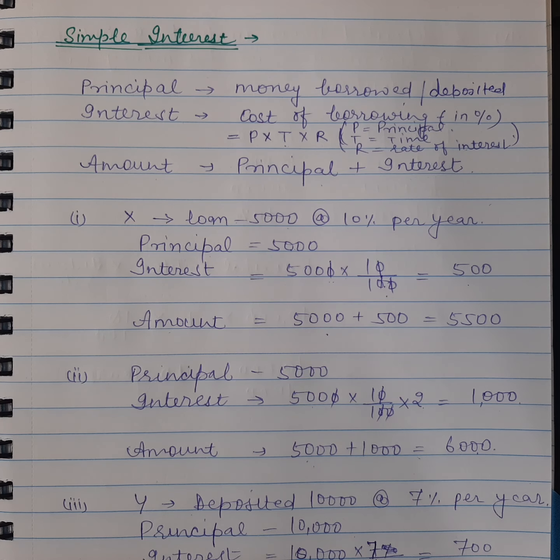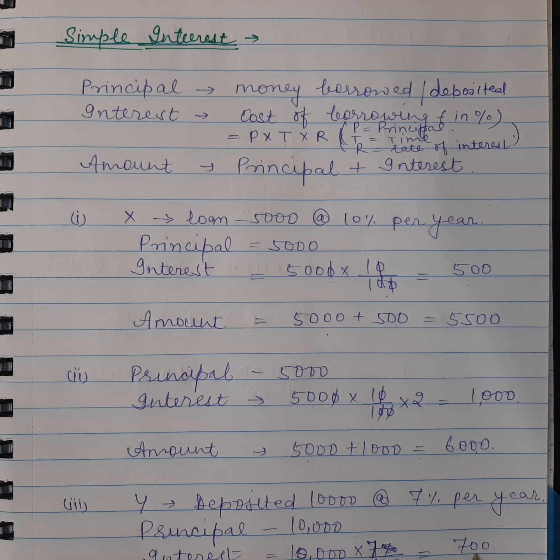Now let's take one more example. Y has deposited 10,000 rupees in a bank at the rate of 7% per year. Let's find out how much he will get at the end of a year and what interest he'll be getting. Principal here is 10,000 rupees. Interest will be principal multiplied by rate multiplied by time. Time is 1 year, so let's ignore it. So 10,000 multiplied by 7 divided by 100 comes to 700 rupees.